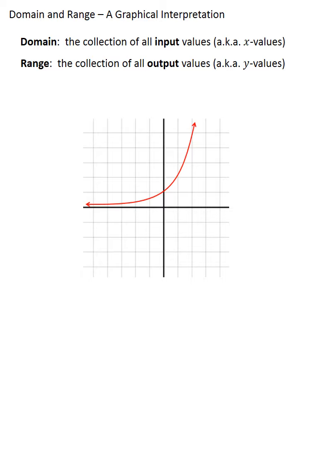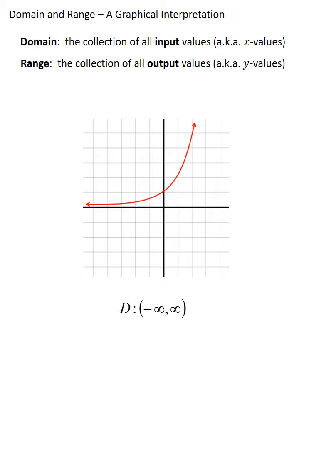And not only that, but it seems to me by looking at this graph that any x value or input I would choose, there is a point on this graph corresponding to that. In other words, any real number is a possible input to this graph. So I'm going to display my domain as all real numbers, or if I choose interval notation, negative infinity through infinity.